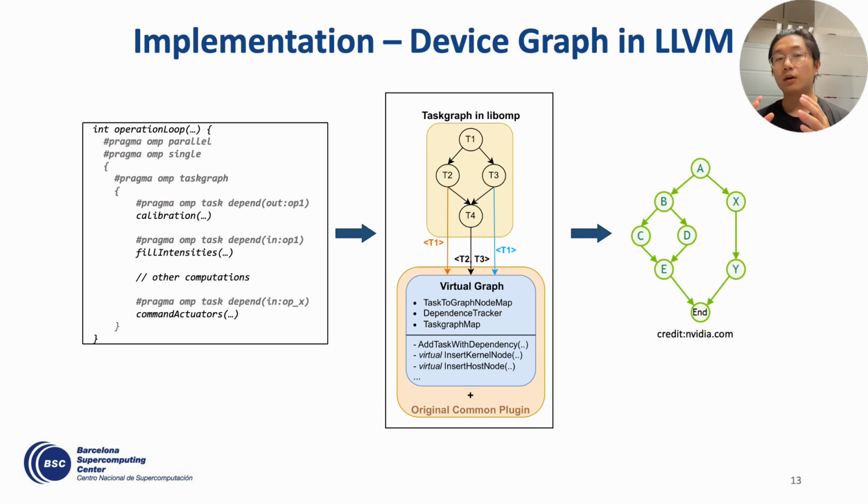Because this allows us to adapt this framework to future GPUs or accelerators, because if we want to extend the implementation, then we just have to implement the virtual functions of this graph, and eventually they will be ready to go.